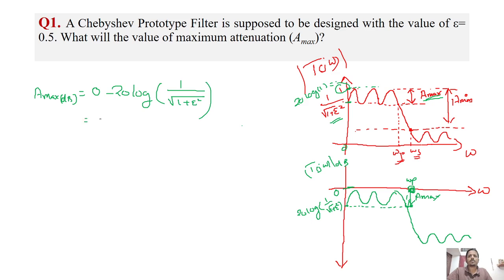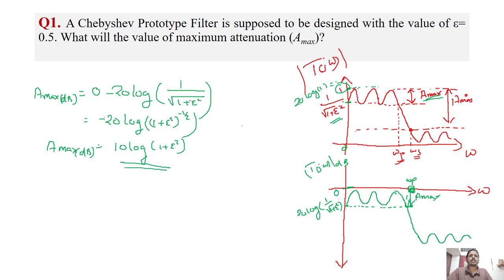This equals minus 20 log, and I can bring the denominator to the numerator: 1 plus epsilon square to the power minus 1 by 2. Bringing the minus 1 by 2 out, it will be 10 log of 1 plus epsilon square. So this is the A max in dB.